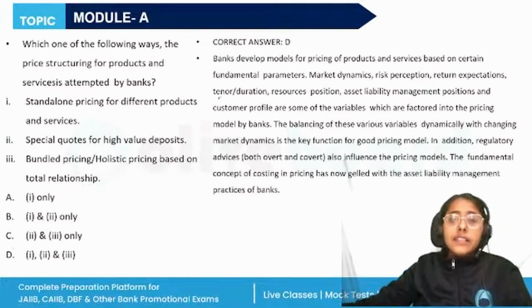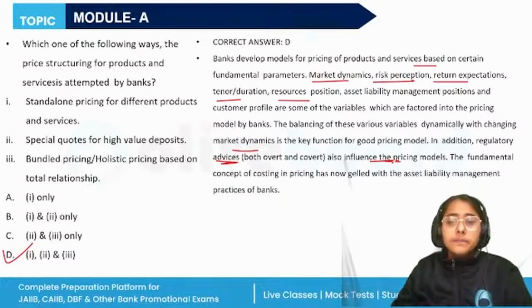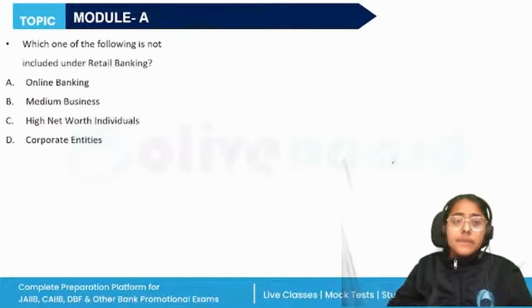So the banks develop the models for pricing and the products based on certain fundamental parameters like market dynamics, risk participation, return expectations, tenor or duration, resource positioning, and so on. And again, they will dynamically change with the market dynamics. In addition, regulatory advices also influence the pricing model. All right, so the correct answer is option D.